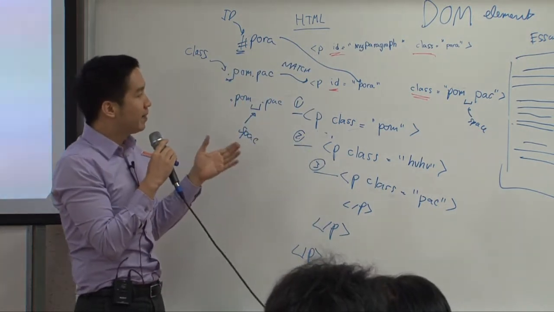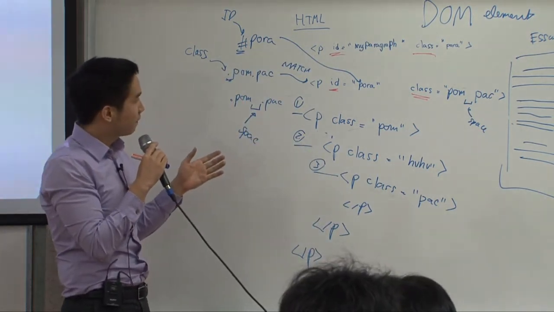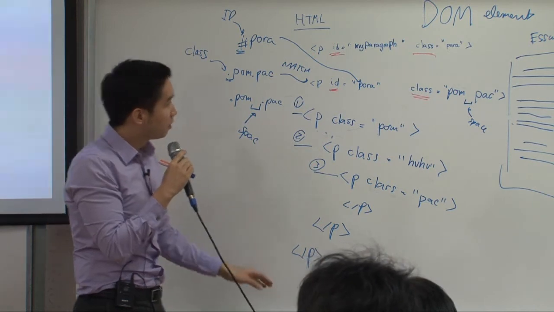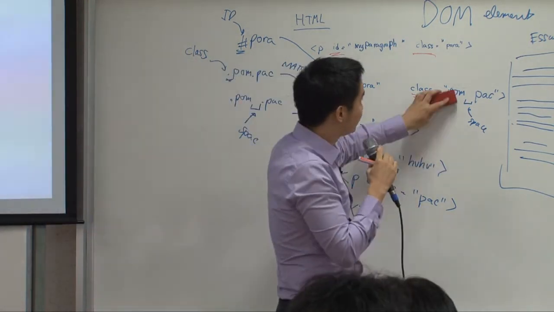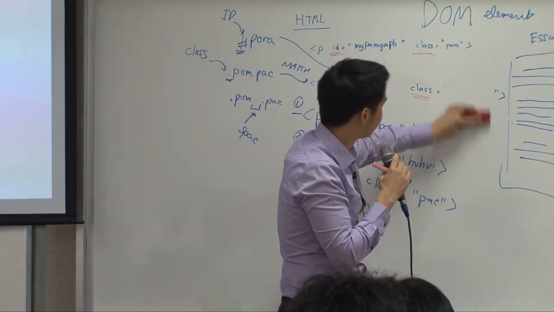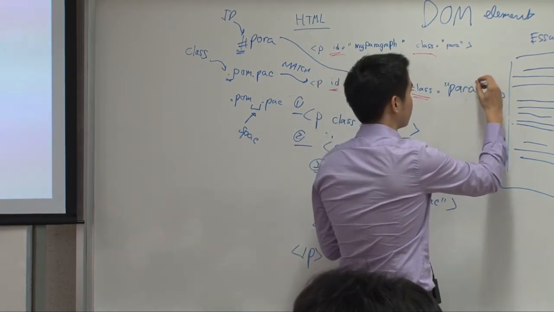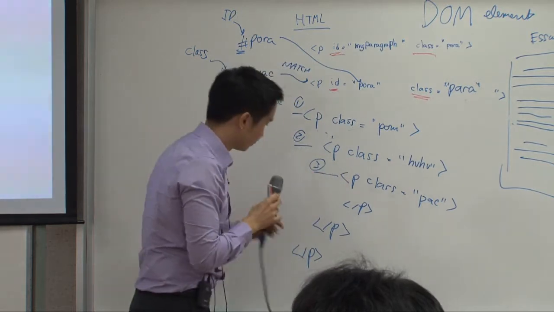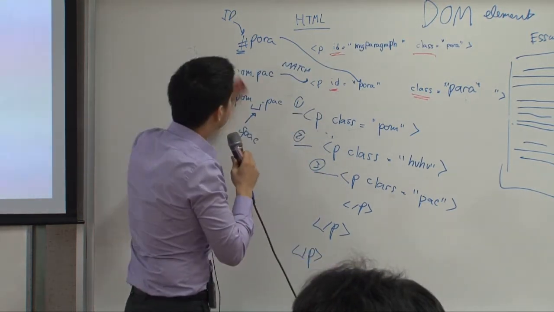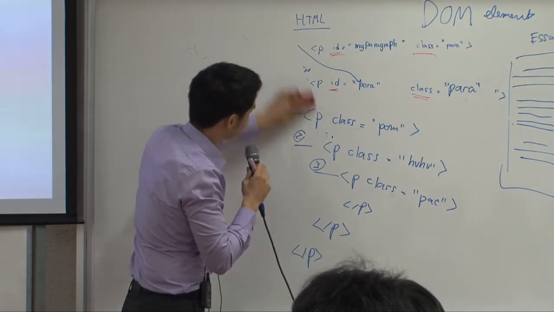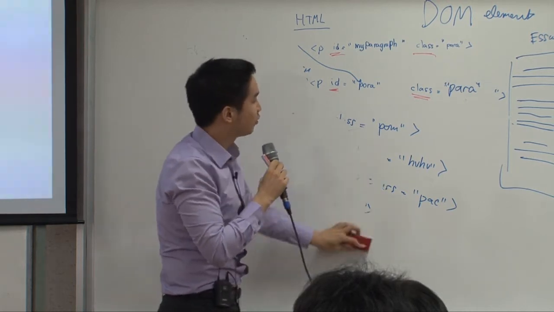One last thing I want to mention. If I were to change this now to para, and if I were to erase all this, again, just try to understand, okay?